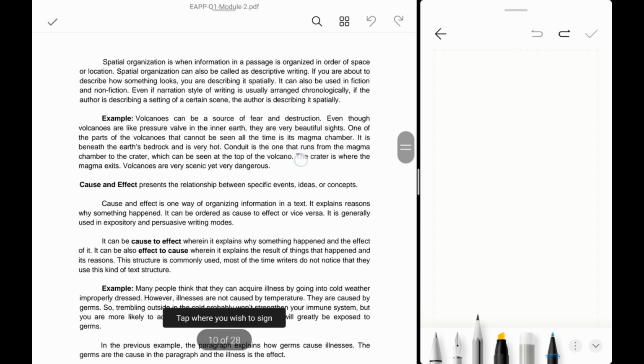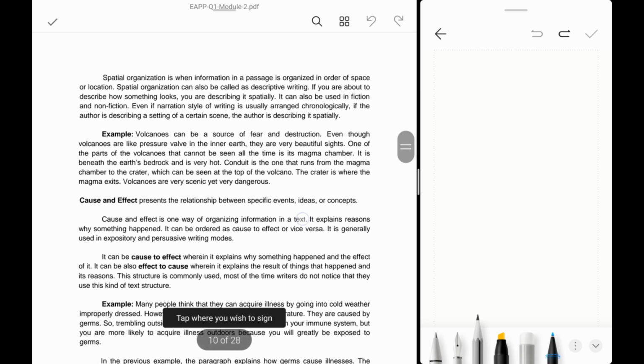Spatial organization can also be called descriptive writing. As I have said a while ago, if you look back to our lesson in our first module, there we discussed description. So it's basically descriptive writing. If you are about to describe how something looks, you are describing it spatially. It can also be used in fiction and non-fiction.